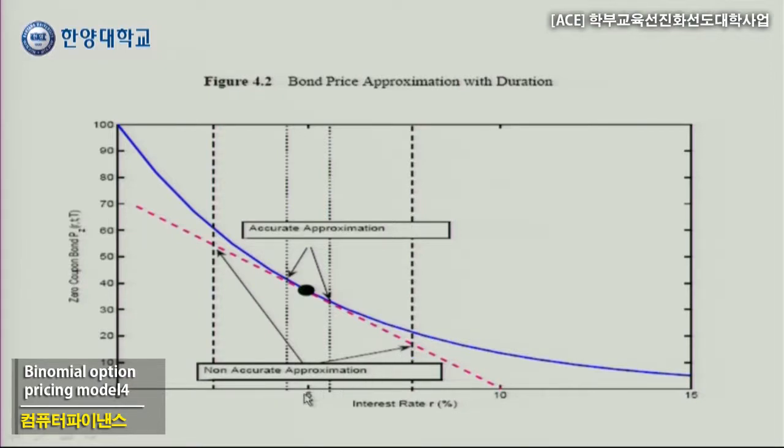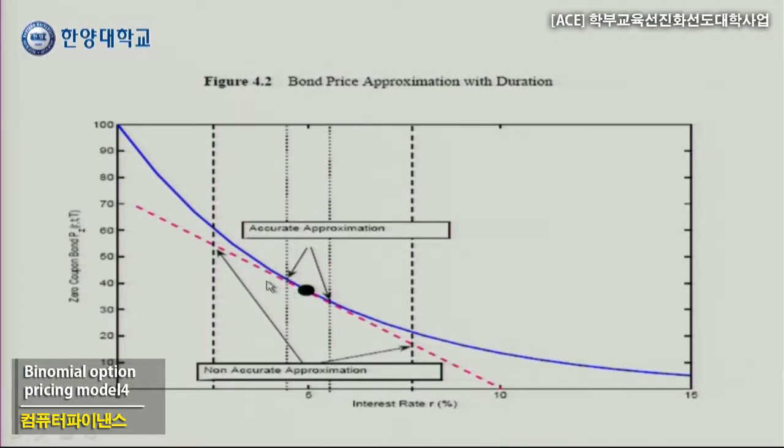On the other hand, when interest goes down and the price goes up this path, if we use only the first-order approximation, in reality the price should go up by this amount. So when the interest rate goes down, if we do only the first-order approximation, we underestimate the price change.